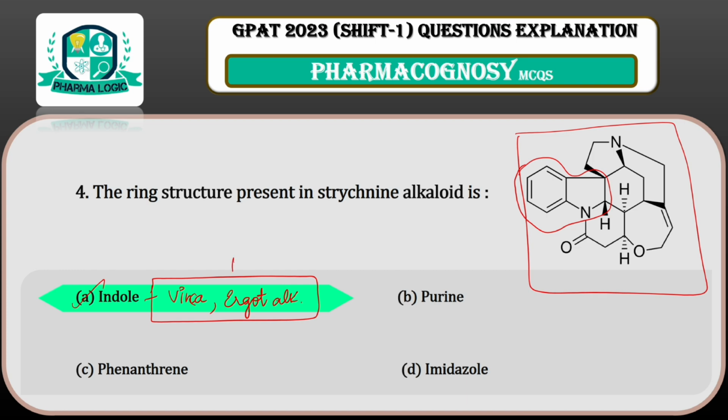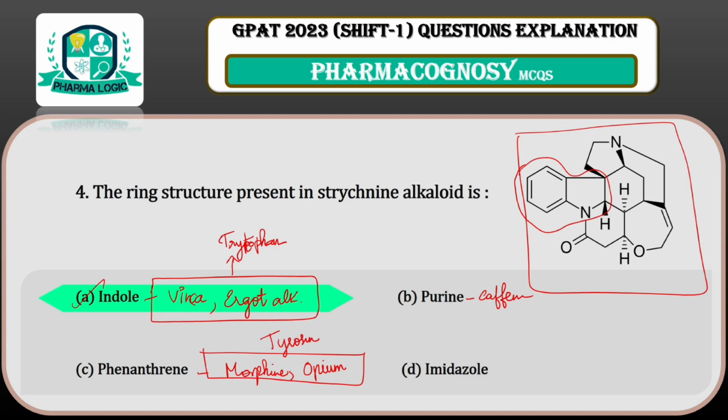These both are derived from tryptophan. Purine, example, caffeine. Phenanthrene, morphine, and opium alkaloids. These both are derived from tyrosine. Imidazole-containing alkaloids, pilocarpine. This is very important.